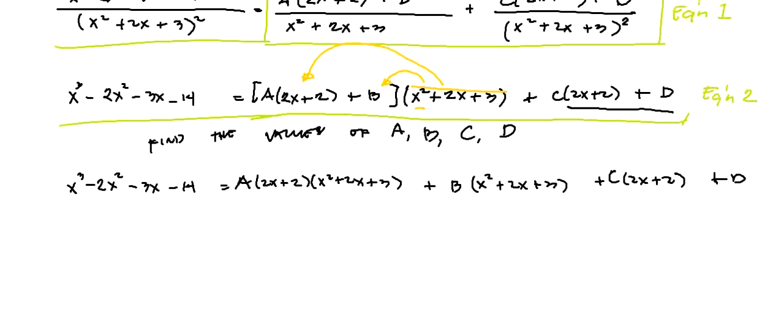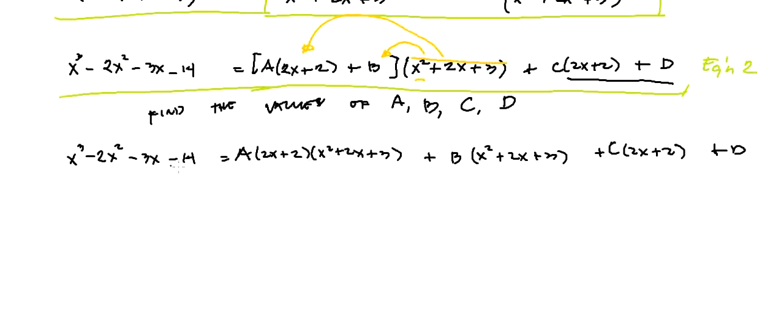Okay, let's continue our expansion. So we have x cubed minus 2x squared minus 3x minus 14 is equal to A multiplied by this part.